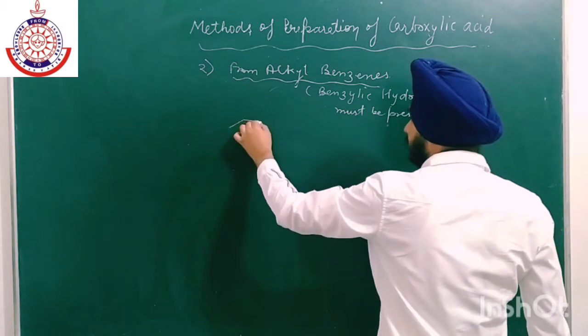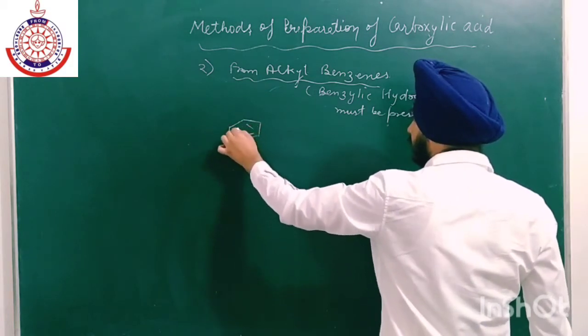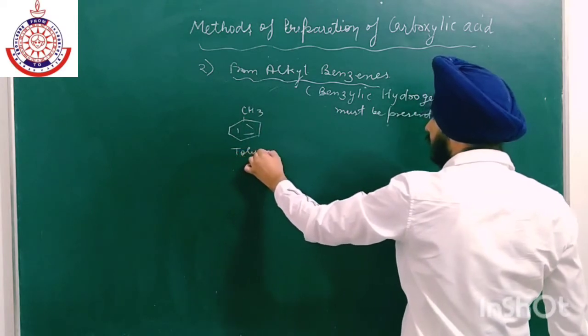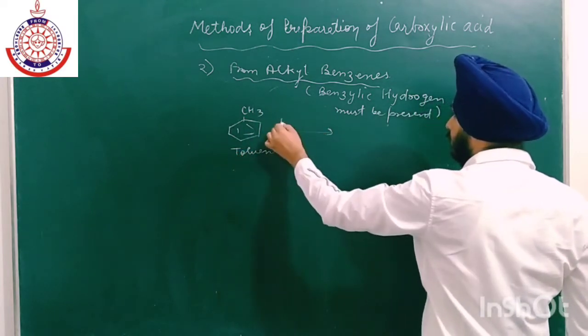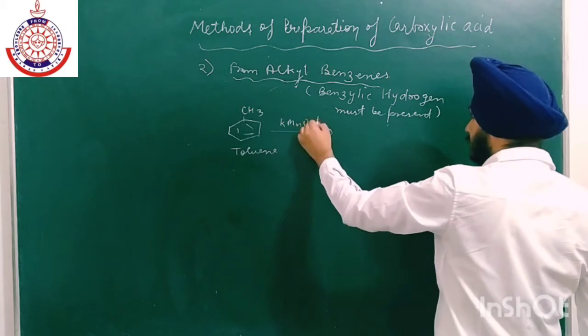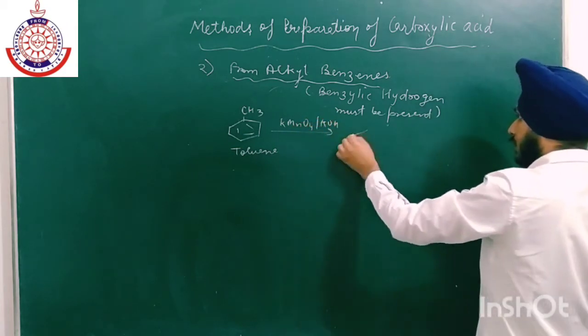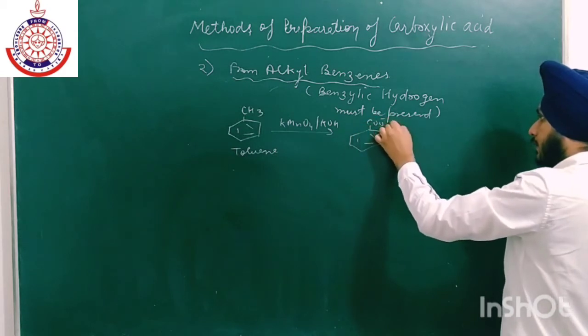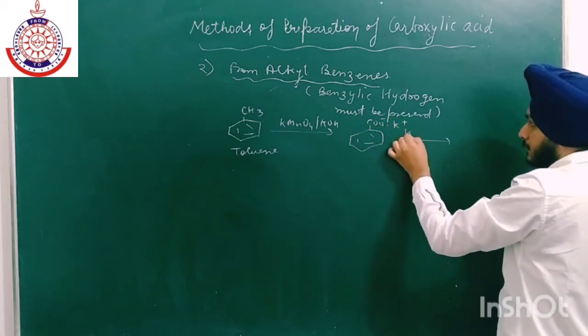Now I am taking a simple example of toluene. This is toluene. If I react it with KMnO4, KOH, we will get COO negative, K positive, and then hydrolysis.